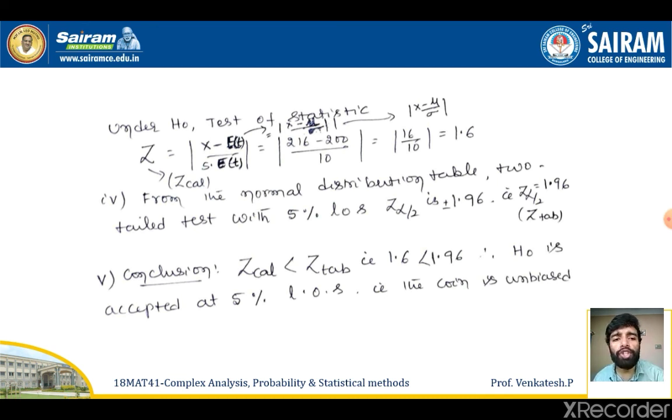From the normal distribution table for a two-tailed test with a 5% level of significance, the value is plus or minus 1.96. Since the calculated value of Z is less than the tabular value 1.96, we conclude that the null hypothesis H naught is accepted at 5% level of significance. Hence the coin is unbiased.